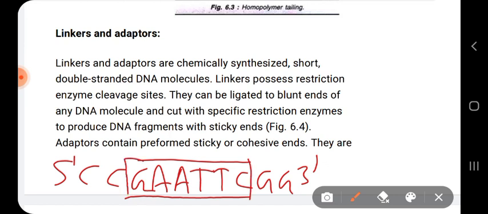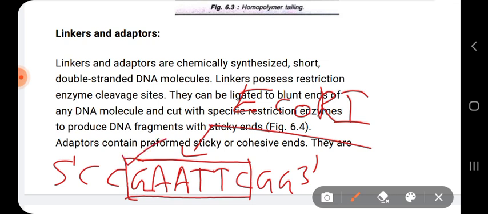This is one restriction site for EcoRI, right? So normally linkers are fused with the blunt end DNA fragments, and as the linkers are joined with the blunt end DNA fragments, the fragments will now have a restriction site where the restriction enzyme will cleave them and produce a sticky end.